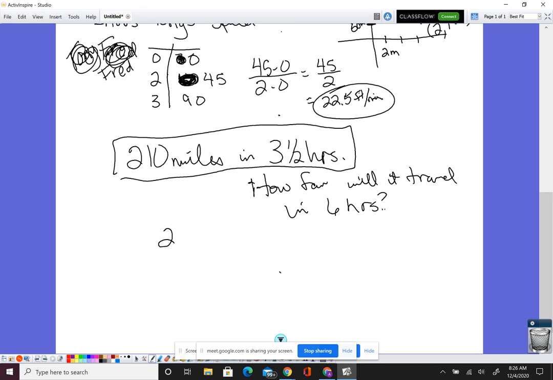So 210 miles in 3.5 hours comes out to be 210 divided by 3.5 is 60 miles per hour.